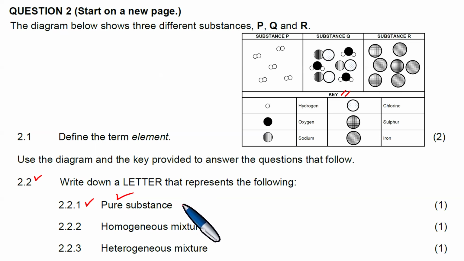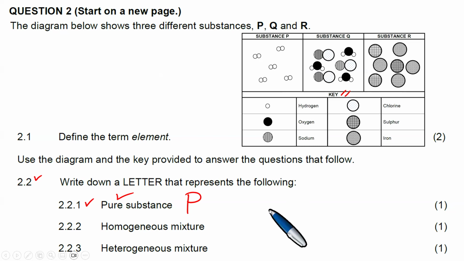We are able to see that substance P is surely pure because there's only one type of element, and you do not have a combination of elements here. The rest of these are mixtures because you have different elements. So substance P is correct. Substance P is a pure substance because it contains only an element of the same type.